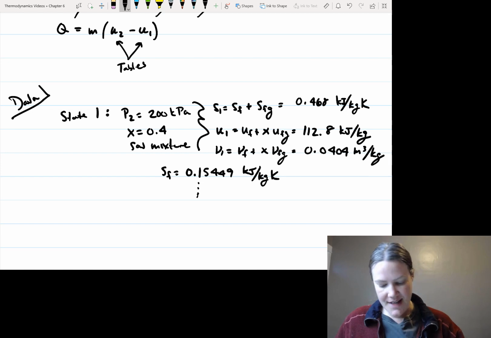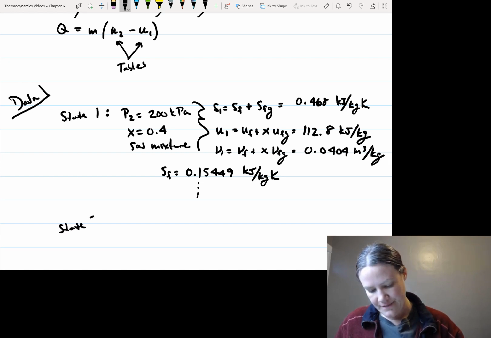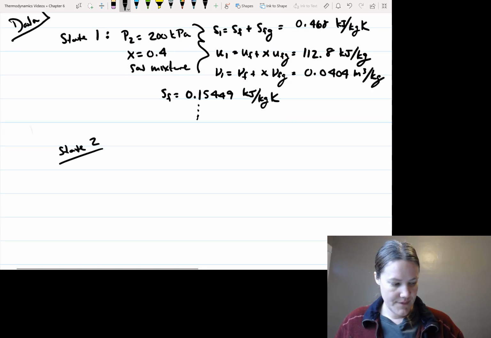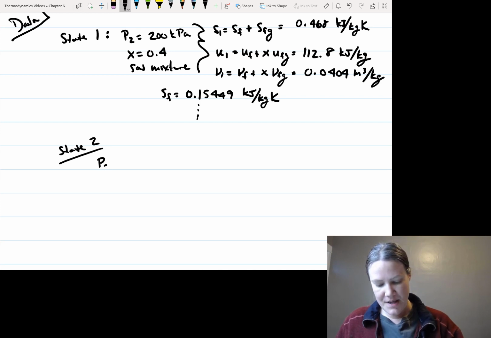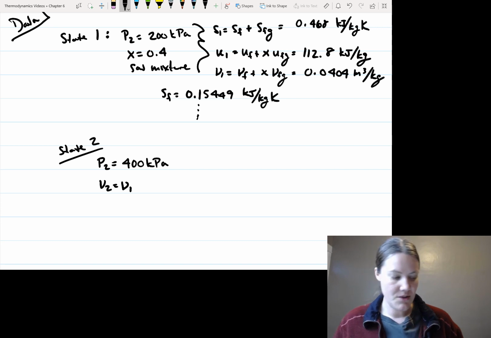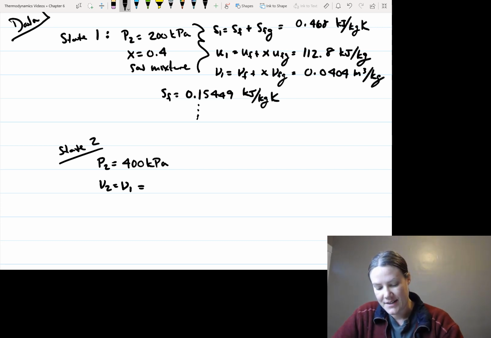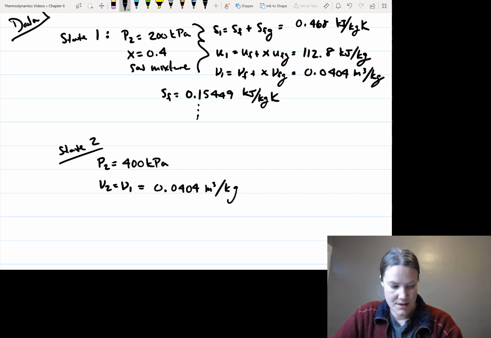And then for state 2, we have P2 is equal to 400 kilopascals, and we know that V2 is equal to V1, so that's equal to 0.0404 meters cubed per kilogram. We're not sure of the phase, so we need to figure that out.